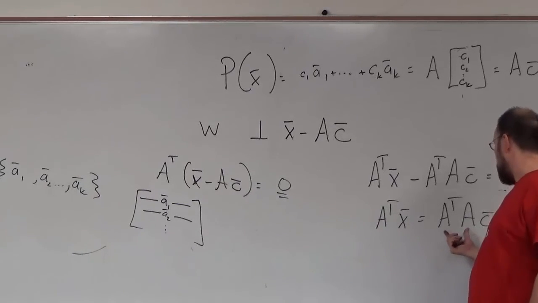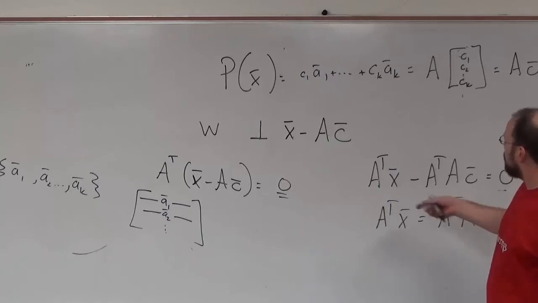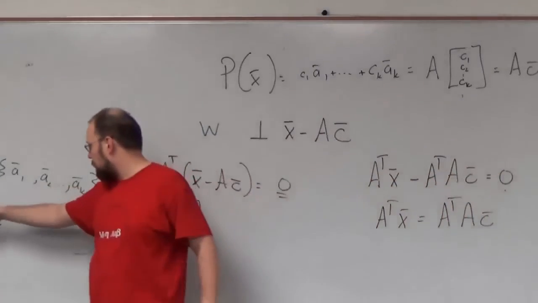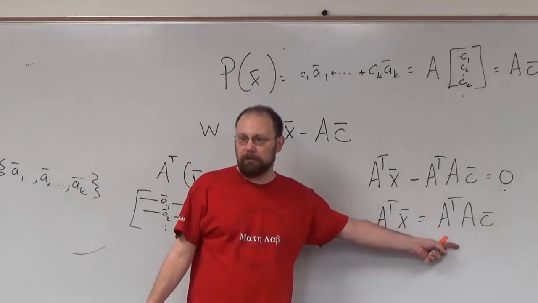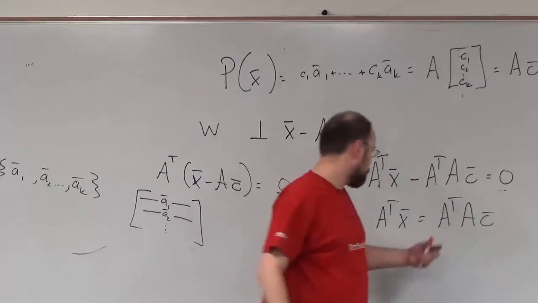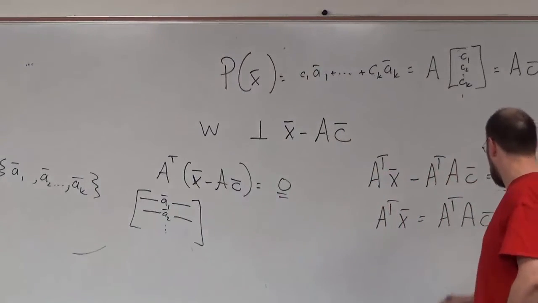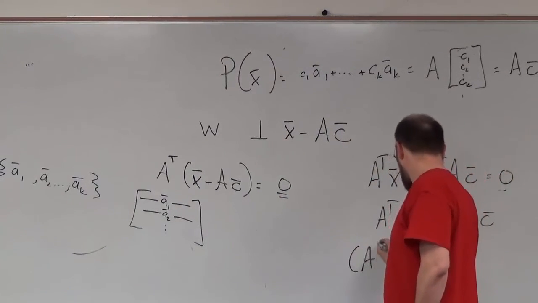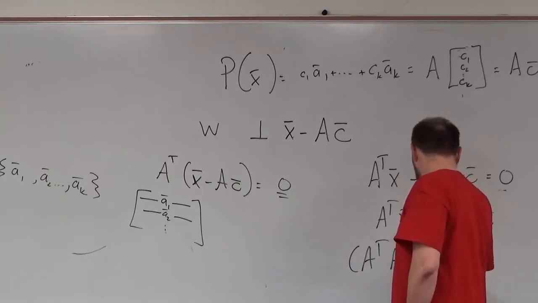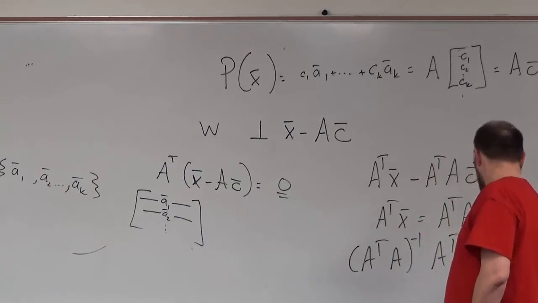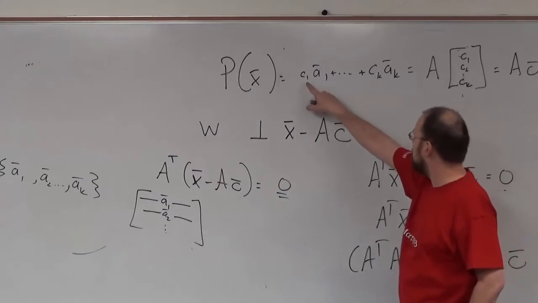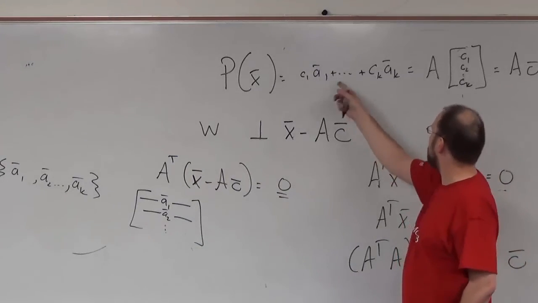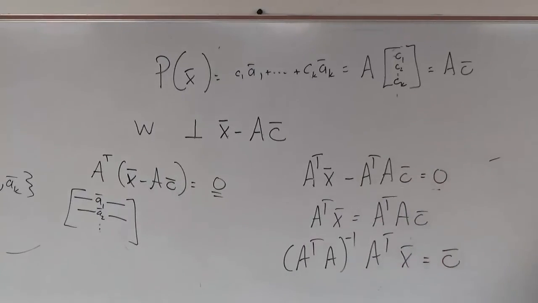Okay, and since the matrix A was formed by sticking basis vectors in columns, A transpose times A is invertible. It's guaranteed to be invertible. So you can multiply both sides by the inverse of A transpose times A. And that gives you a solution for C, the vector of coefficients multiplying the basis elements, which will give you the projection.